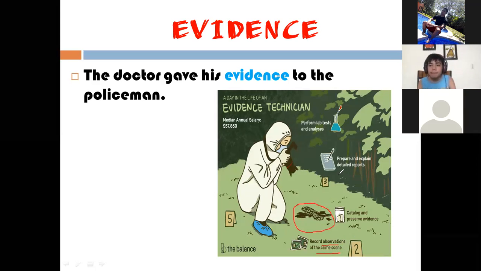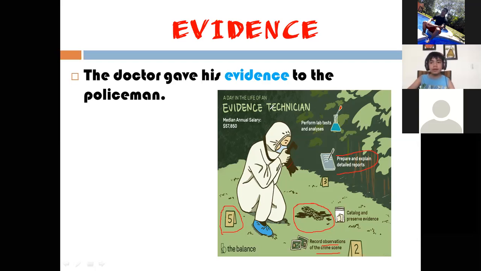Number three, he takes notes about what happened. This is part of the evidence, remember. And then he finally gets the thief, or the person who did that.